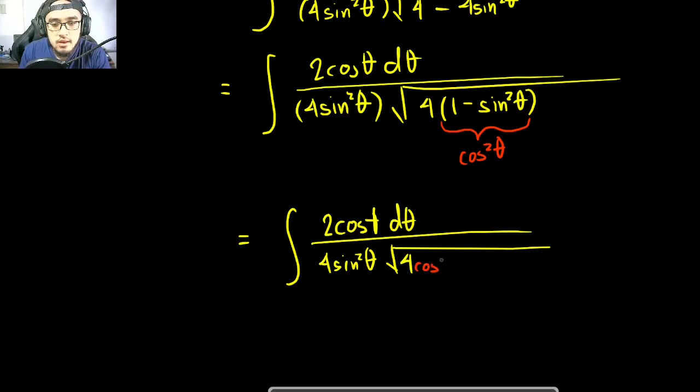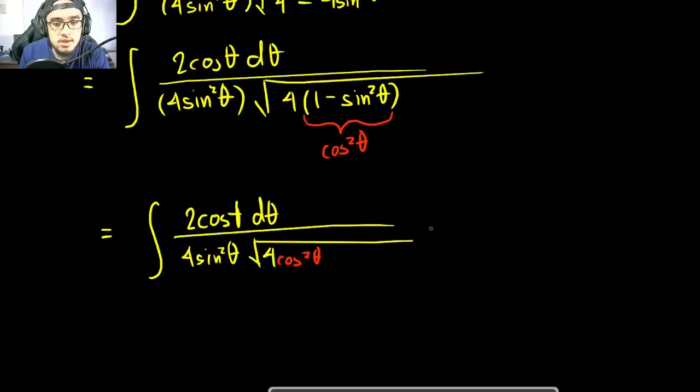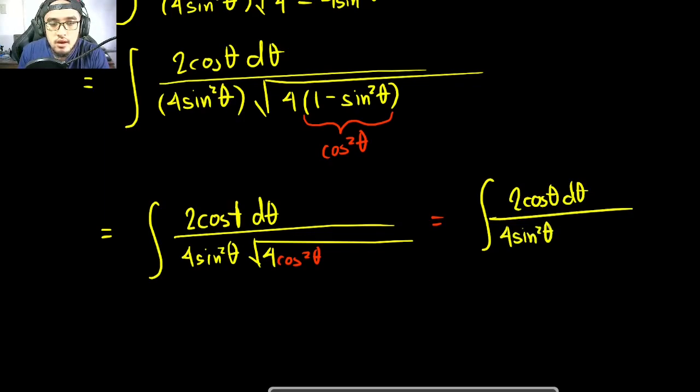So this is now equal to the integral of 2 cosine theta d theta divided by 4 sine squared theta times 2 cosine theta, since the square root of 4 cosine squared theta is equal to 2 cosine theta.